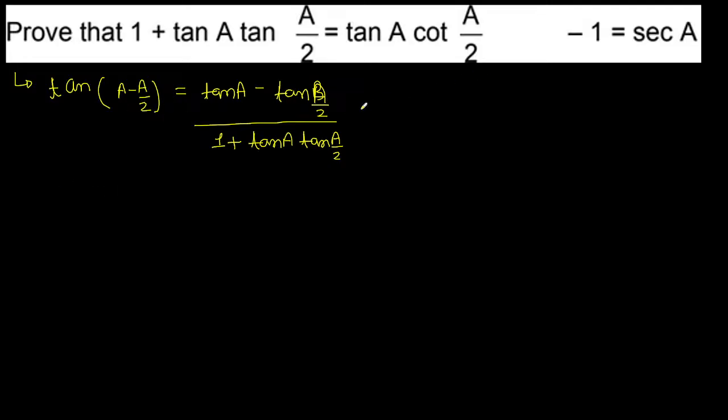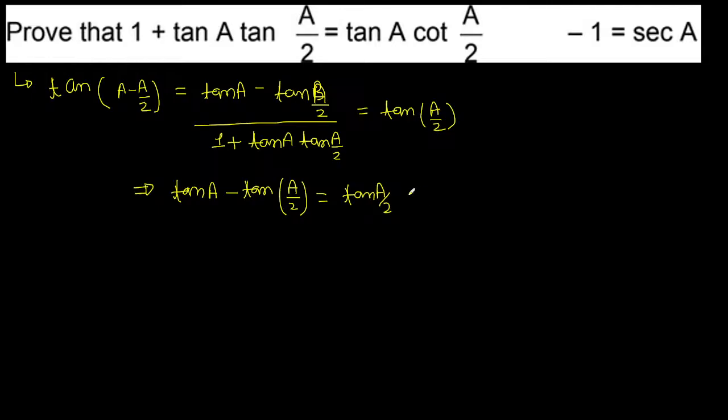So this is simply tan a by 2. If we go further, tan a by 2 is equal to tan a by 2 plus tan square a by 2.